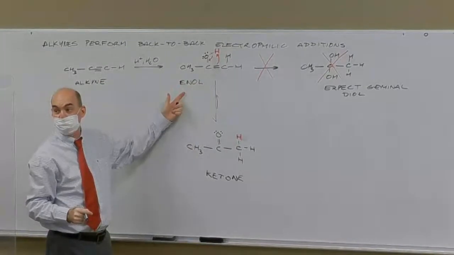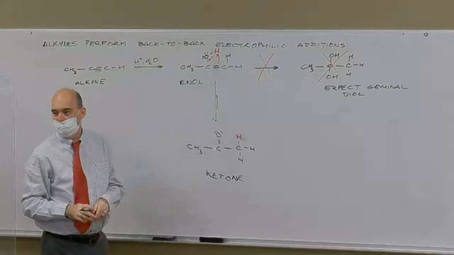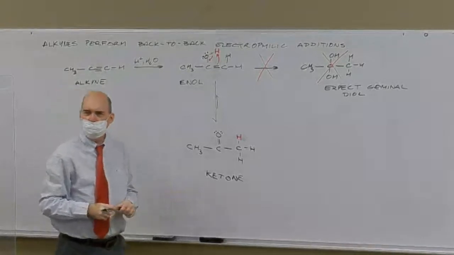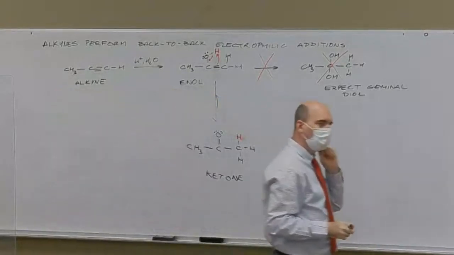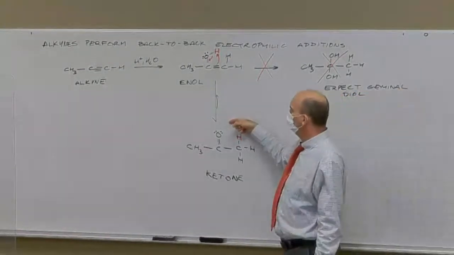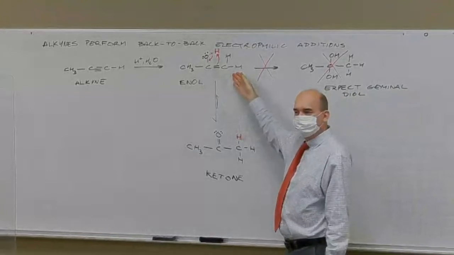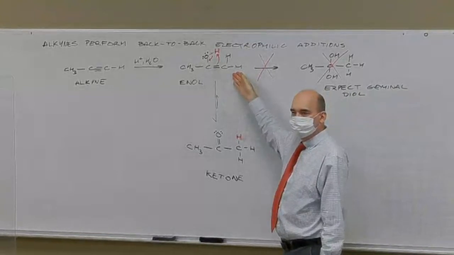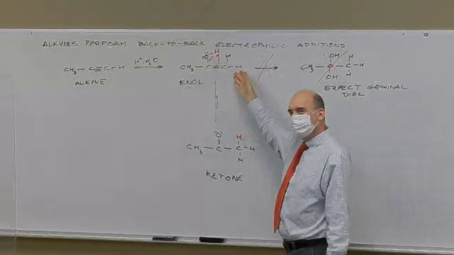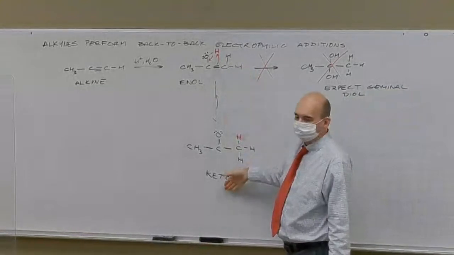And enols rearrange to make ketones. Almost universally, I can think of 1 or 2 exceptions where the enol is stable. Most of these are not really wickedly unstable, like reactive unstable, but they rearrange.